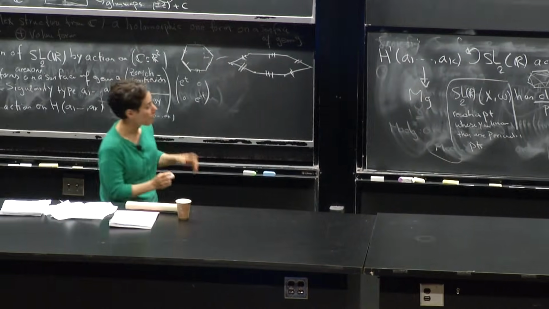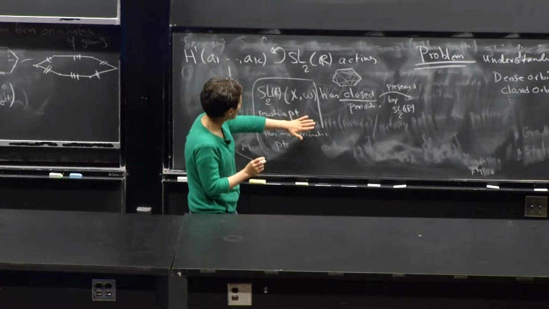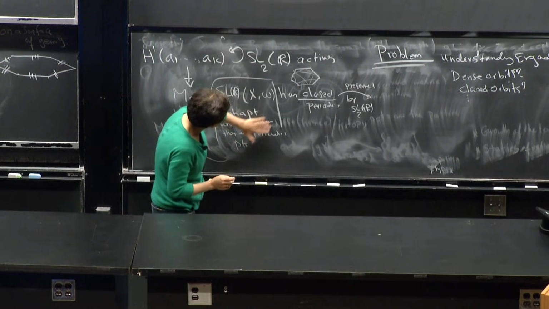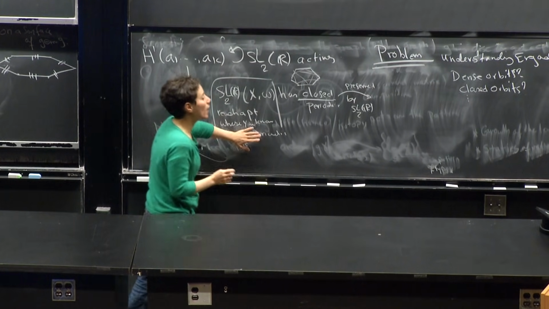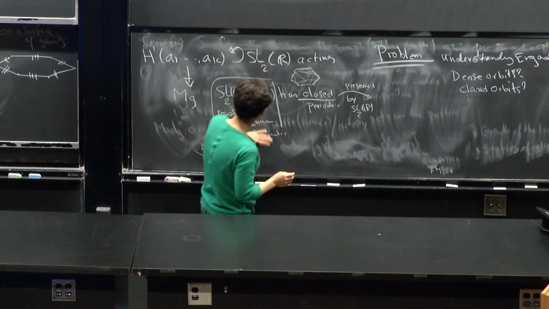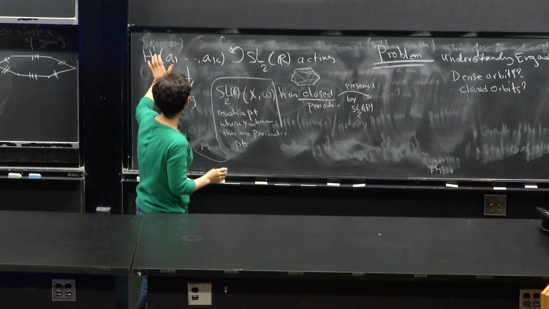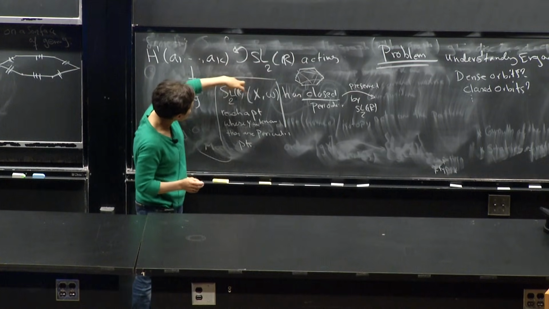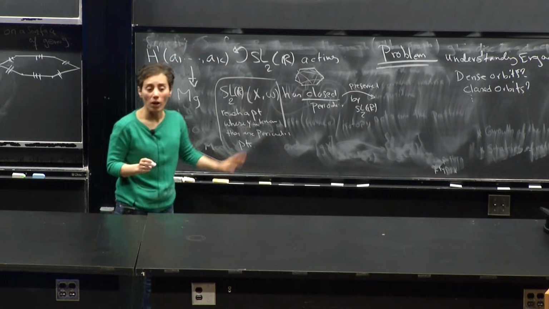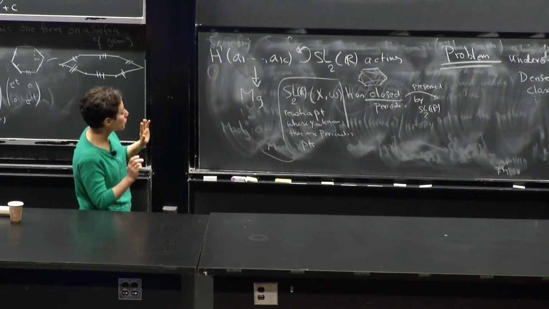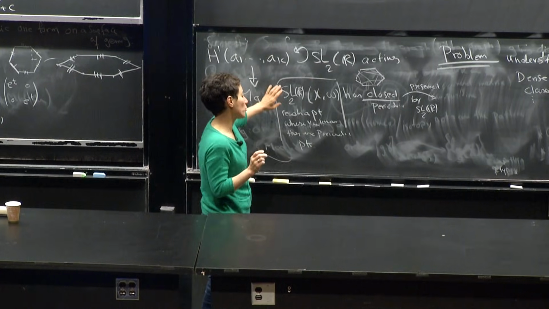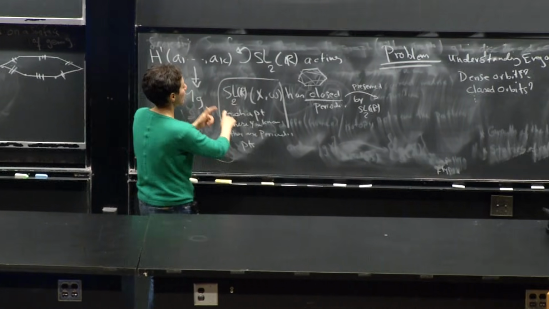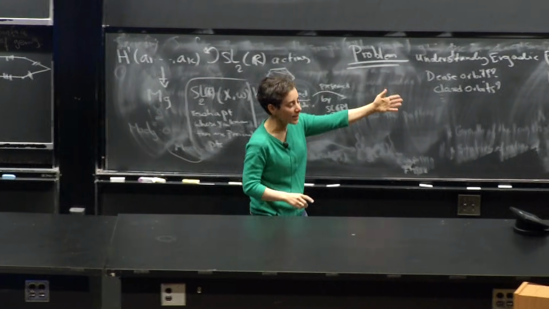Of course, having a closed loop is also an open condition in H1(A1, ..., AK). So you want to move by SL2R and get to some place where you know you have a periodic orbit. Actually, the proof that there is always a periodic orbit is not quite along these lines, using any kind of classification.